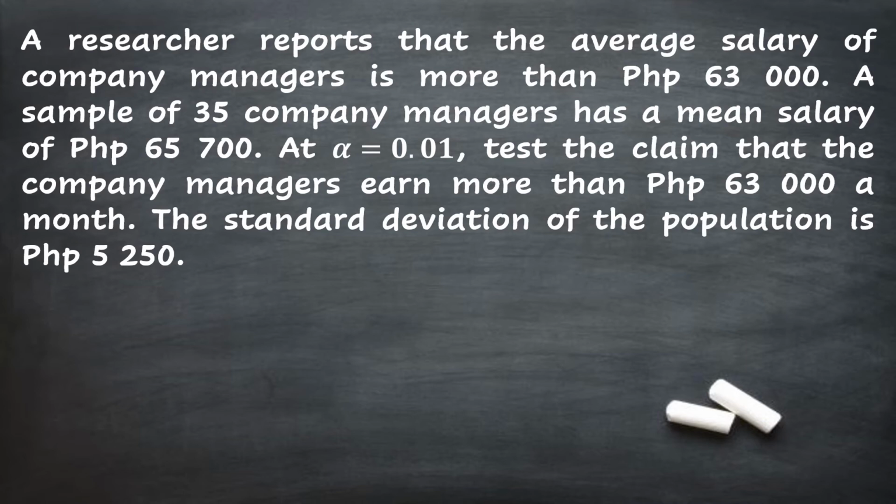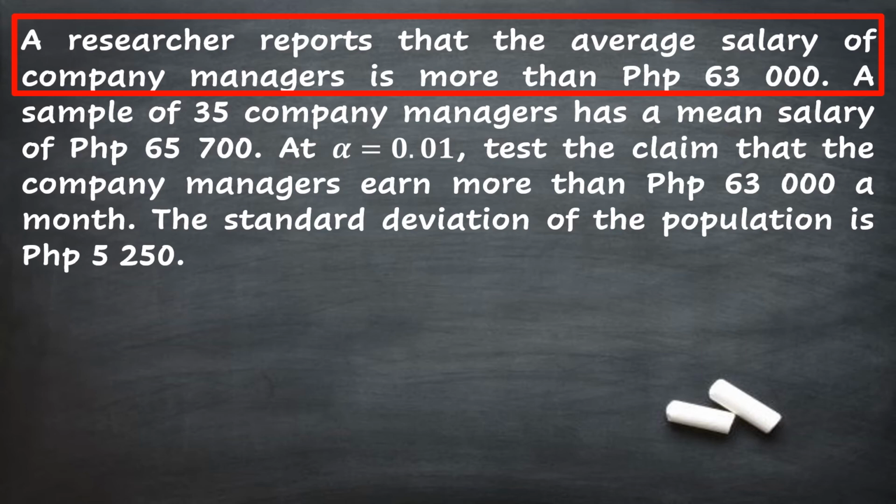The standard deviation of the population is 5,250. For this given problem, yung first statement, if you will notice, ang term na ginamit is more than the given numerical value. So, if this will be the case, even though this is a researcher's claim, we cannot say na ito yung null hypothesis.